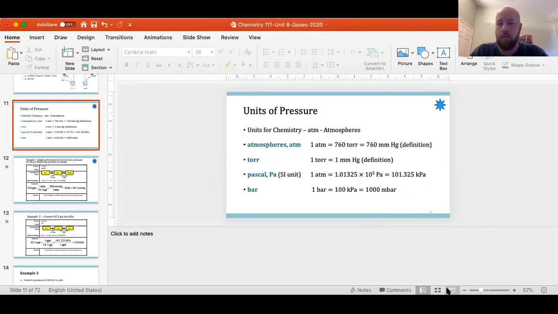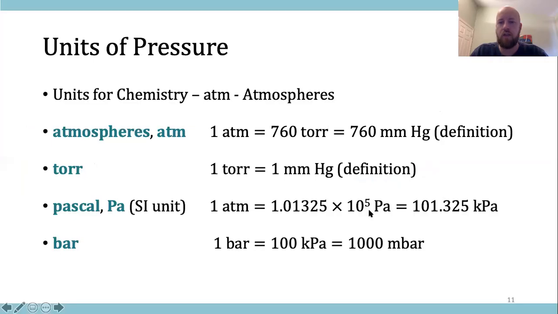Sorry, in 1 ATM there's 101,325 pascals, right? So without the decimal place it's 101,325. Or in kilopascals, it's 101.325 kilopascals.